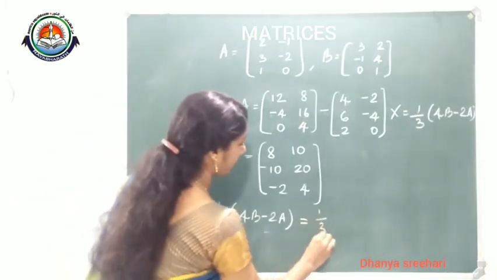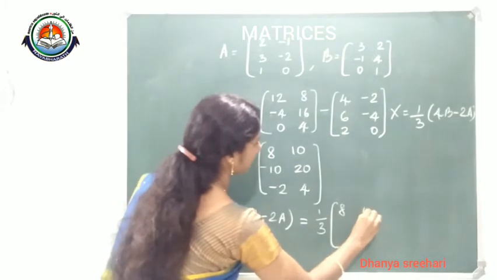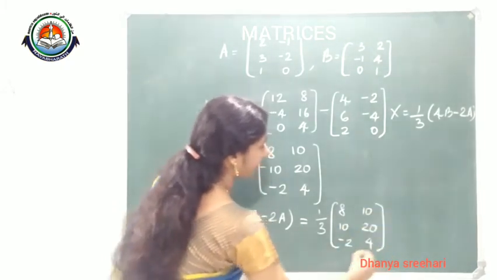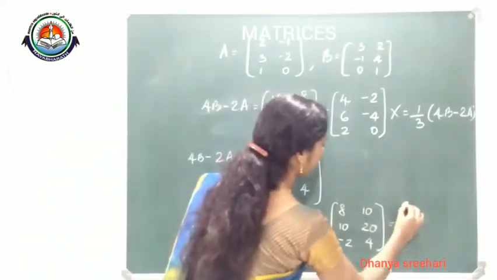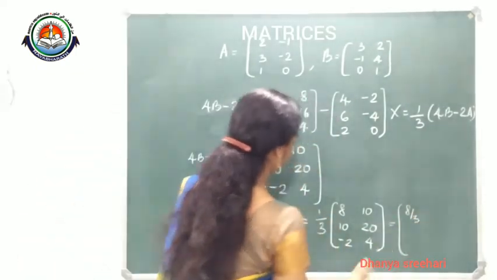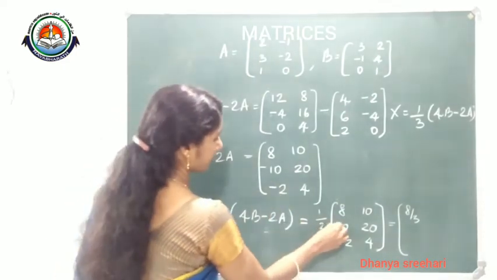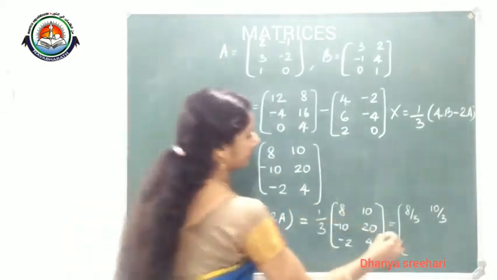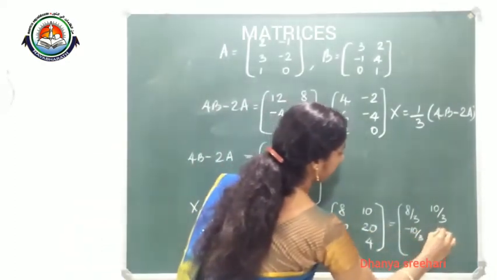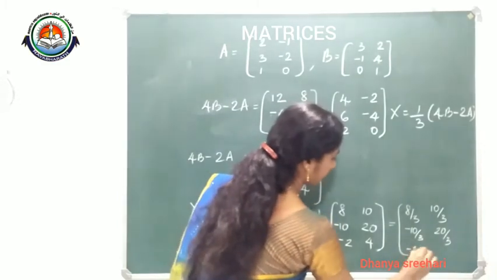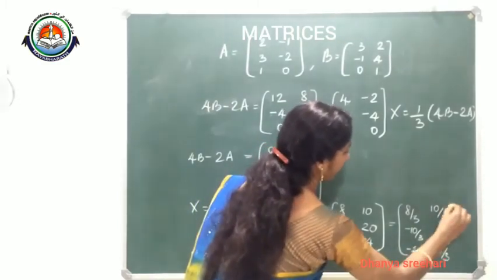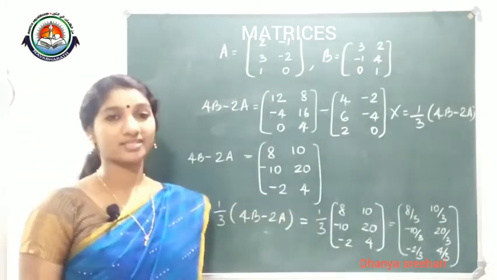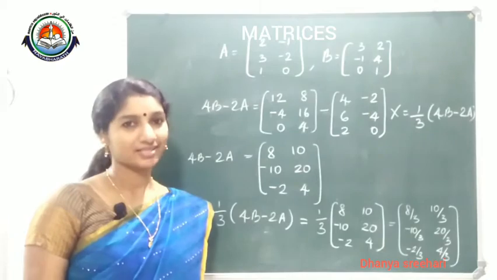We can write 1 by 3 of 8, 10, minus 10, 20, minus 2, 4, or we can multiply in one more step: 8 by 3, 10 by 3 is the next element, and here minus 10 by 3, 20 by 3, minus 2 by 3 and 4 by 3. Like this we get the matrix X. Easy problem, no?